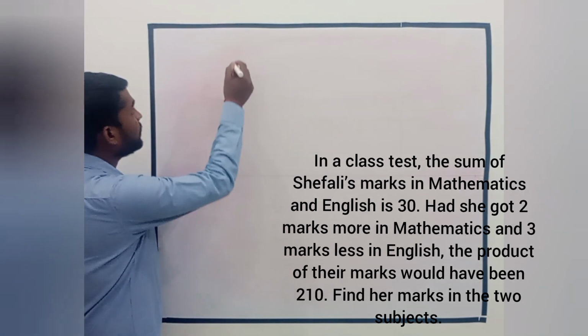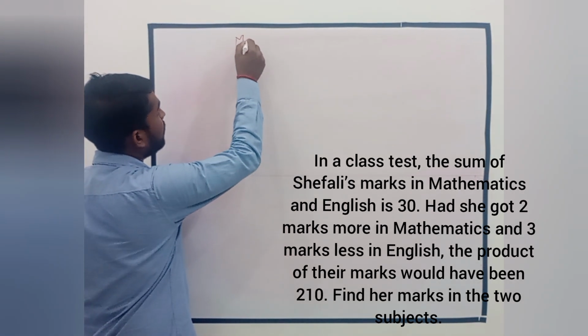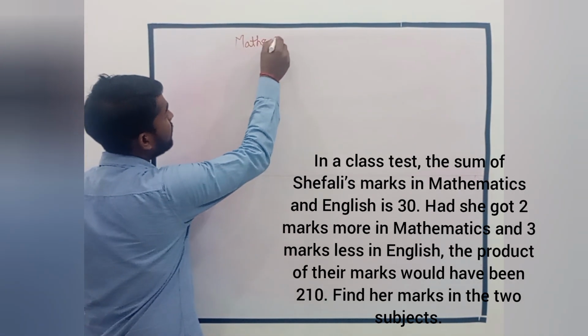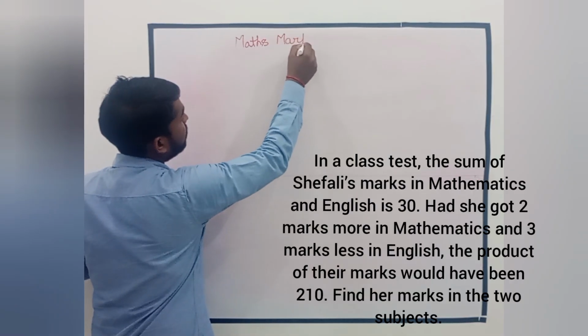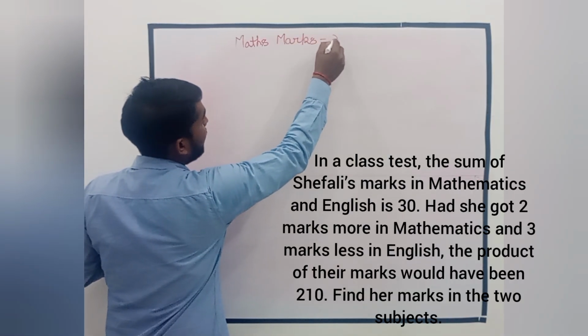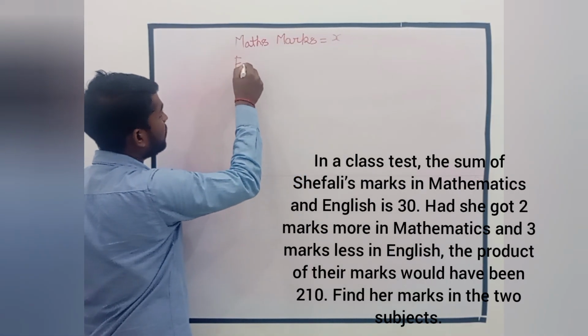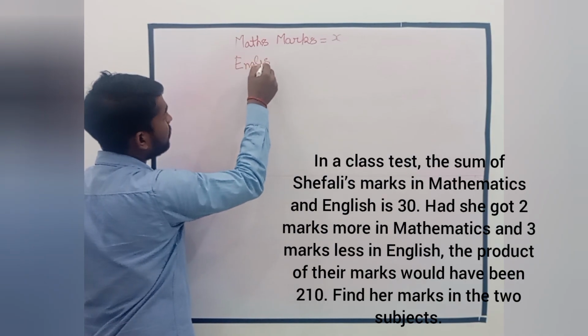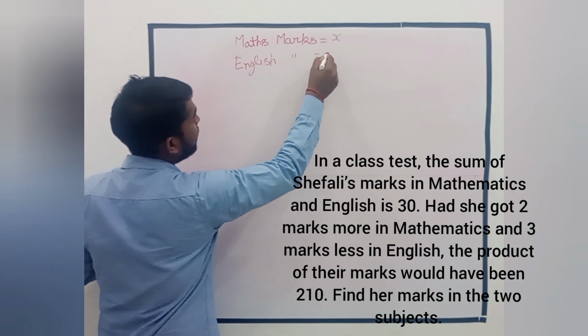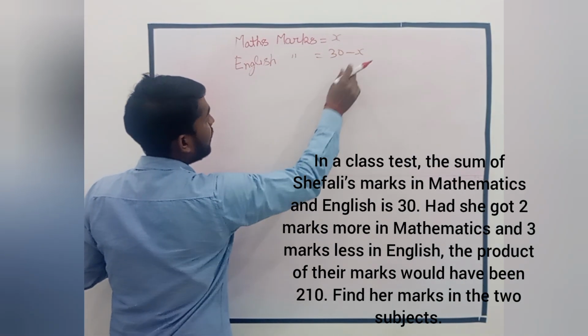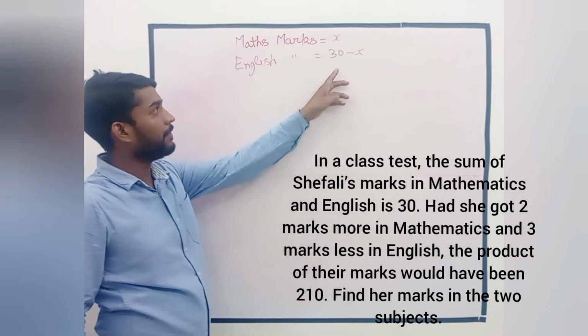And now we assume maths marks be x, English marks be 30 minus x, because the sum of these subjects is given as 30.